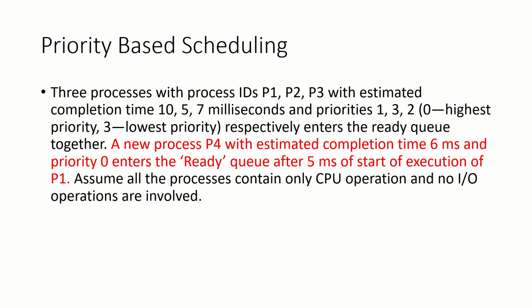They enter the ready queue together. So they are telling us that P1 is the process with the highest priority, P3 is the process with the second highest priority, and P2 is the process with the lowest priority. But they are telling you that a new process P4 with the estimated completion time of 6 milliseconds and the priority 0 enters the ready queue after 5 milliseconds of start of execution of P1.